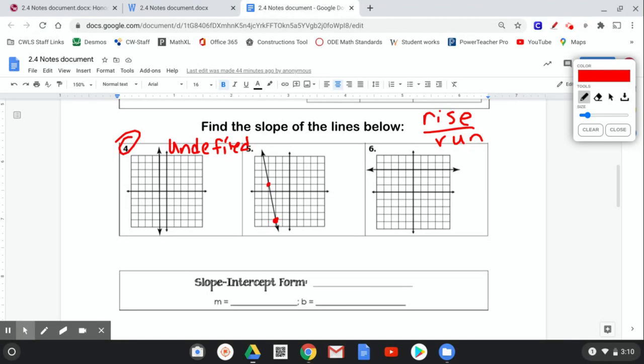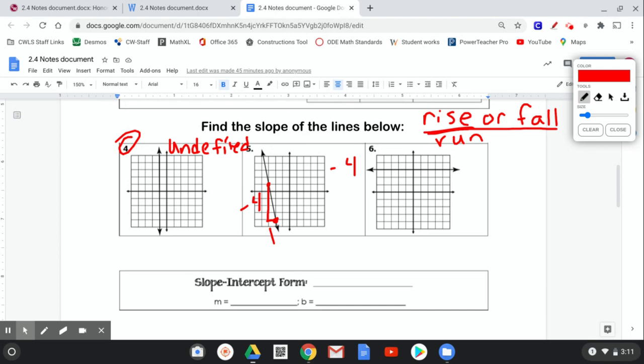Sometimes I write this as rise or fall over run, okay? So always do the rise or fall part first. So if you look here, we are going to fall to this point down below, and we're going to fall 1, 2, 3, 4, so that's going to be -4, and then we're going to run 1 to the right, so that's 1. So that's going to be a -4 over 1, or just -4.